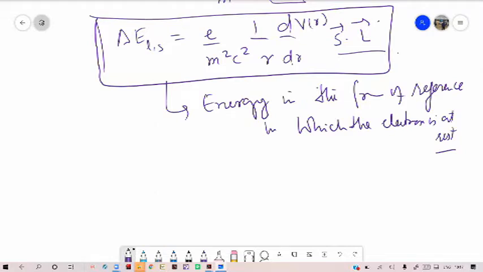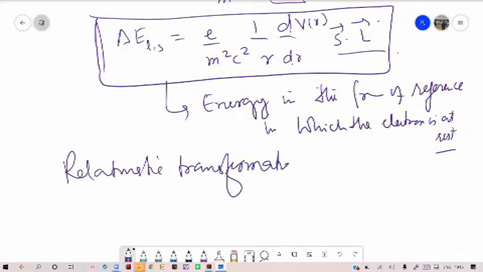And since this is relative, you have heard of relativistic transformations, from the relative frame to the normal frame. One is the relative frame and one is the normal frame. So when you do the transformation, the energy is reduced by a factor of 2.